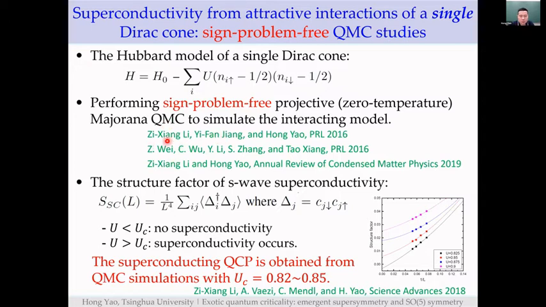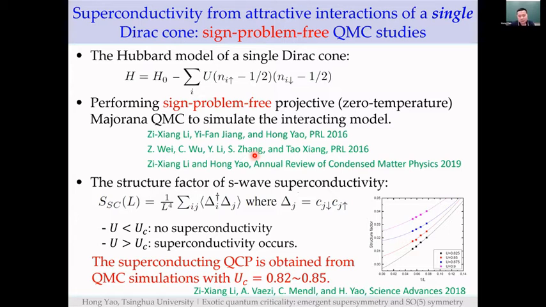For those who are interested, you can refer to these papers. In the Majorana representation quantum Monte Carlo, this model is sign problem free. And then we can use quantum Monte Carlo simulation to study this model on a system with large system size.